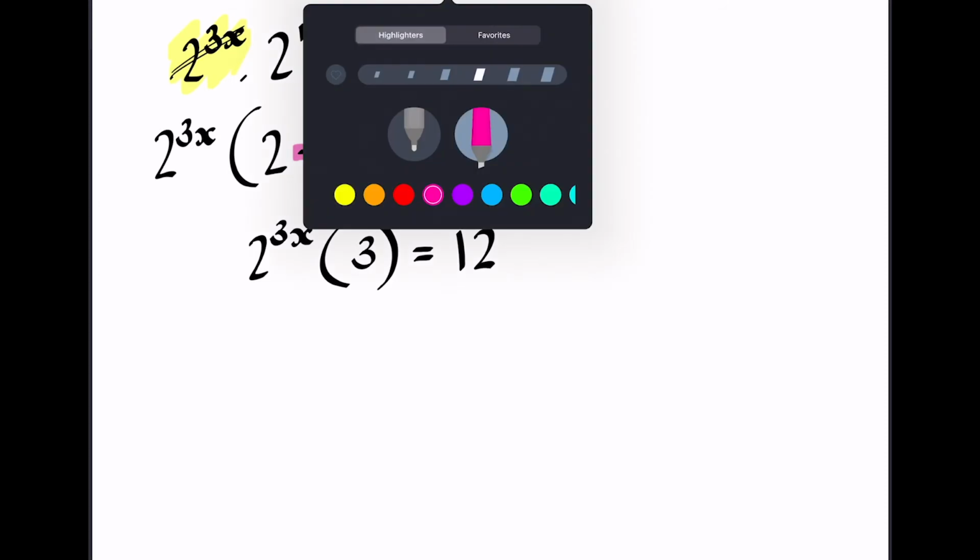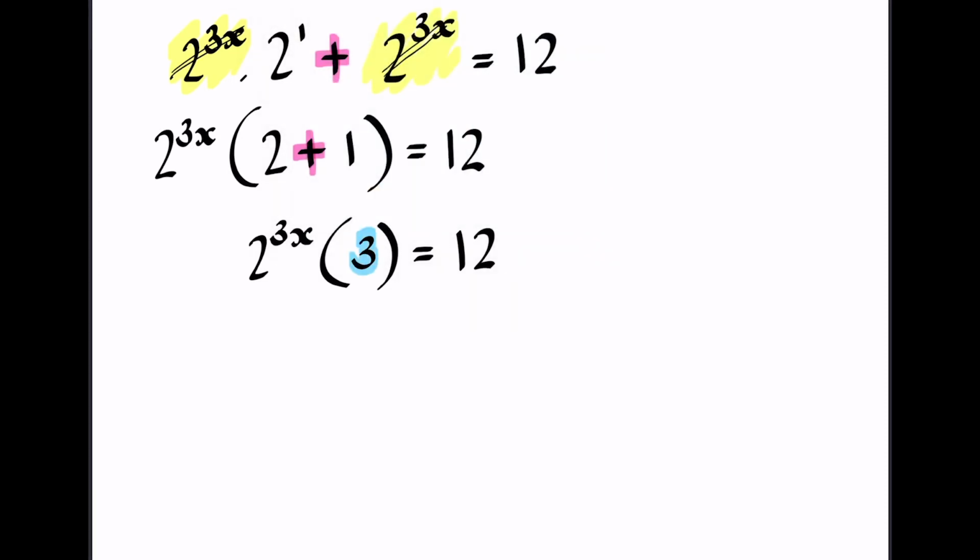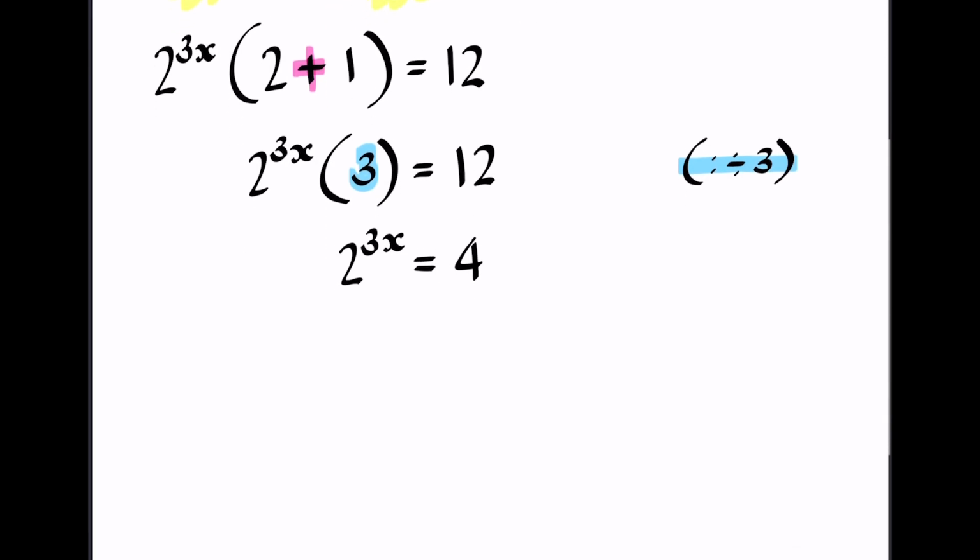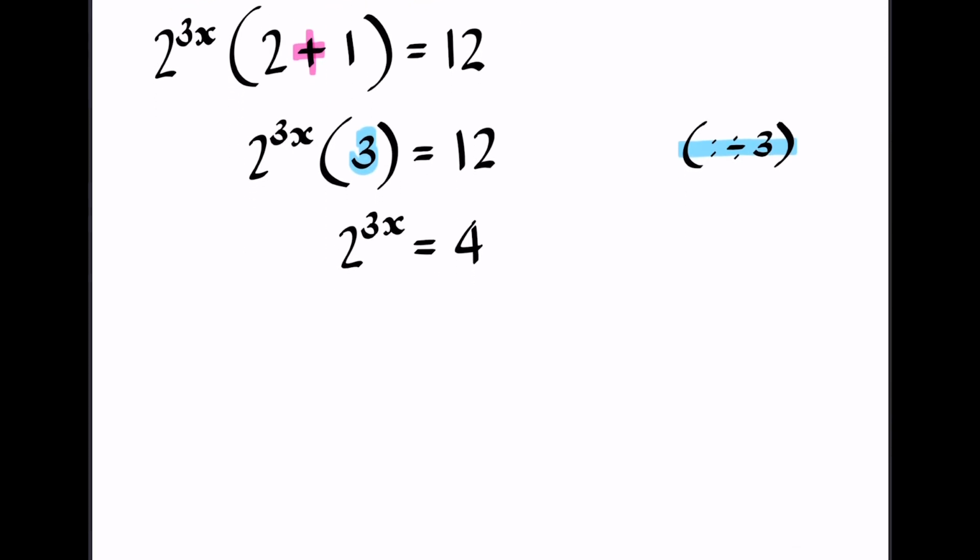Now I can get rid of this 3 by dividing both sides by 3. So now I'm going to divide both of the sides by the 3 so that I can get rid of it, which means that I'll have 2 to the power of 3x equal to 12 divided by 3, which is 4. Now I'm going to solve this like a normal exponential equation: make the bases the same, drop the bases, and equate the exponents.